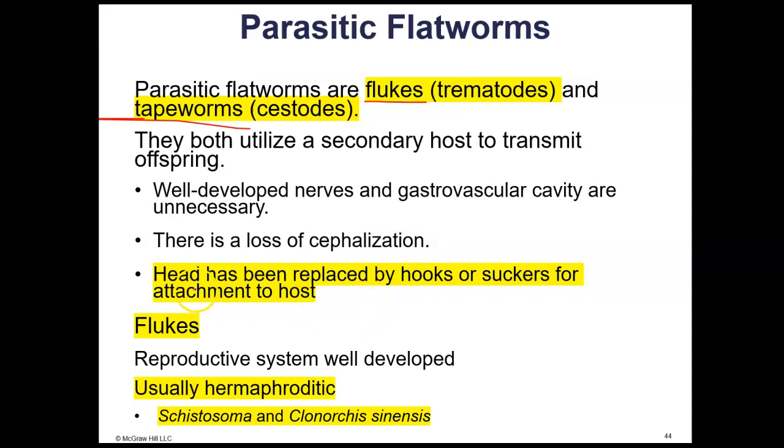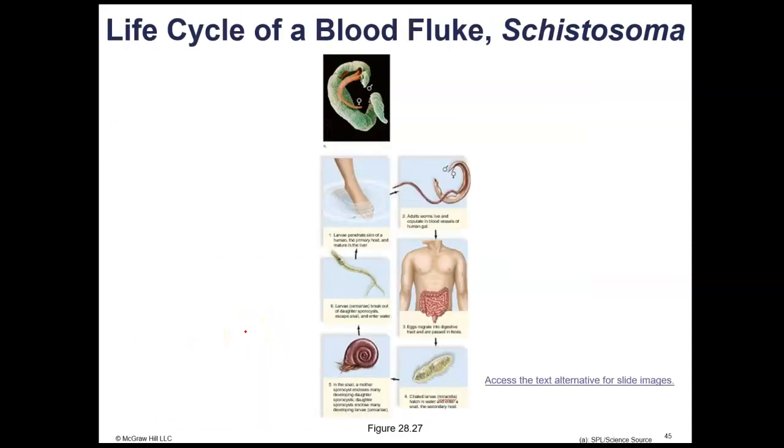The head in the flukes and the tapeworms has been replaced by hooks or suckers, so they can attach to their host. Flukes are normally hermaphrodites. This shows you the life cycle of a blood fluke, Schistosoma, that has a part of its life cycle spent in snails and part in humans.